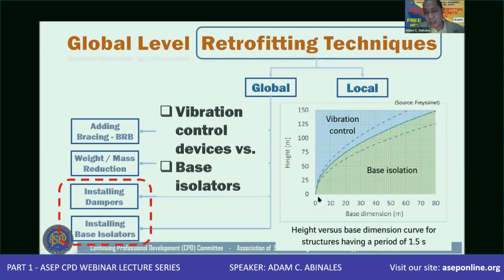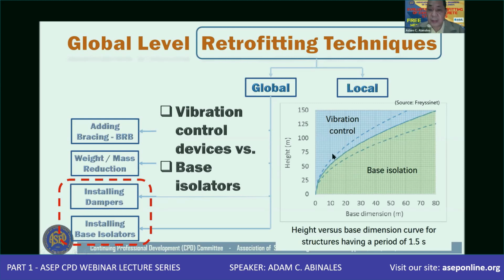So as you can see here, on the green shaded portion of the graph, you can utilize base isolation. Obviously, as you go wider, you can increase the height of the application of the base isolation. But beyond that point, say about 80 meters, apparently you cannot use base isolation anymore.